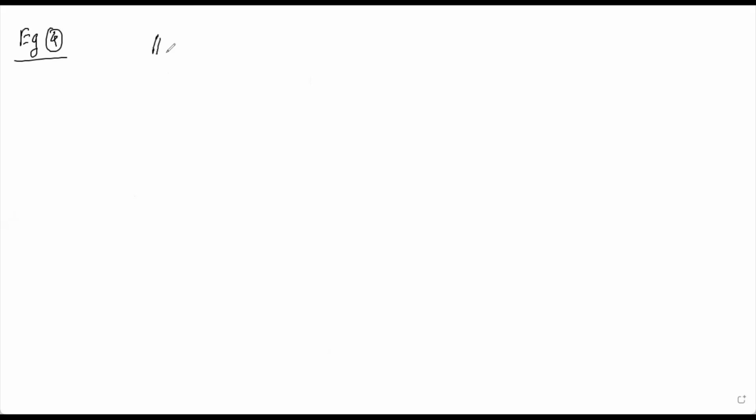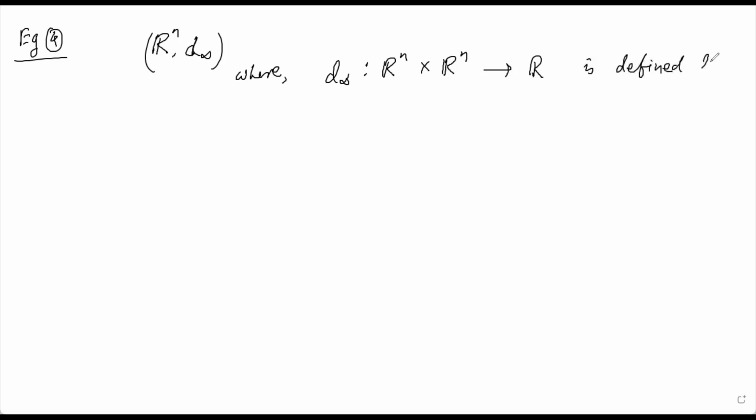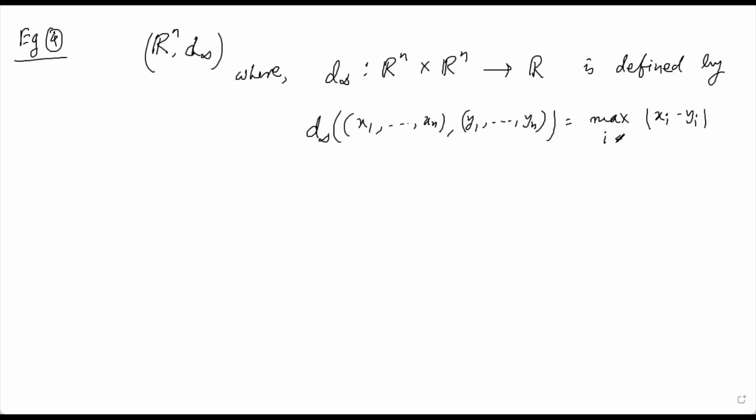So Rn comma d infinity, where d infinity from Rn cross Rn to R is defined by d infinity of (x1 and so on, xn) comma (y1 and so on, yn) is equal to the maximum of the absolute value of xi minus yi over i lies between 1 and n. So again, this is a metric.